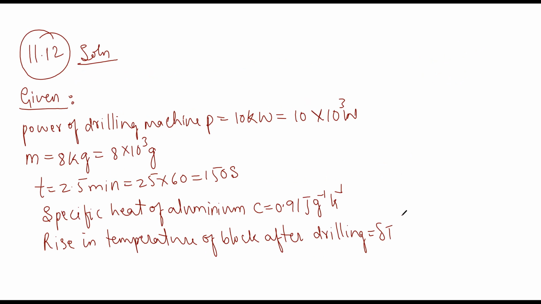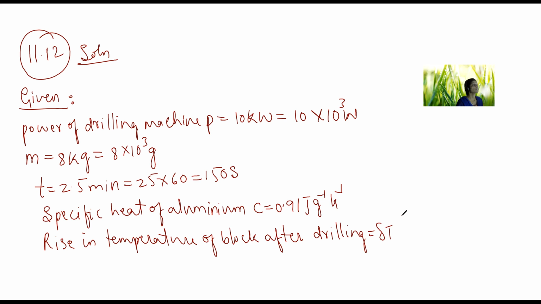So from the question, read the question and try to write the given things, what they have given. They have given power of the drilling machine, P is equal to 10 kilowatt. Kilo is 10³.